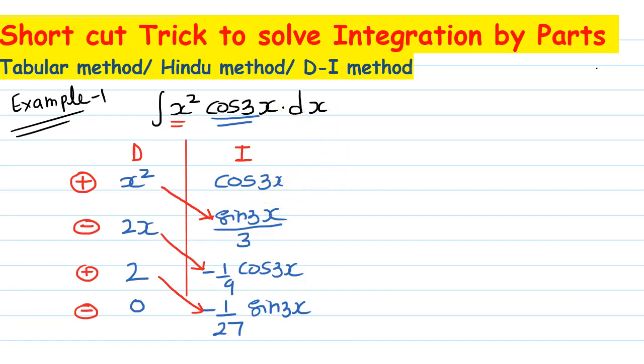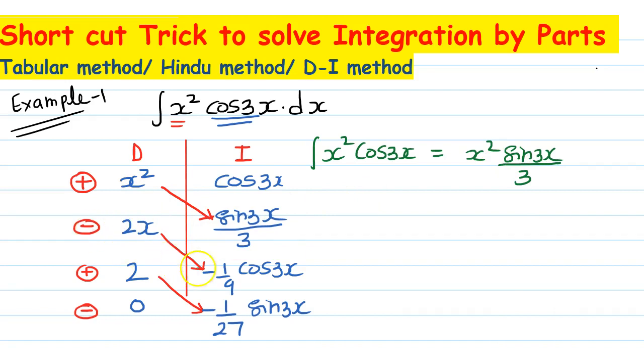So our answer will be: the integral of x square cos 3x is equal to, first we put a plus sign here. Multiplying this, it will be x square sine 3x divided by 3, and it is positive.